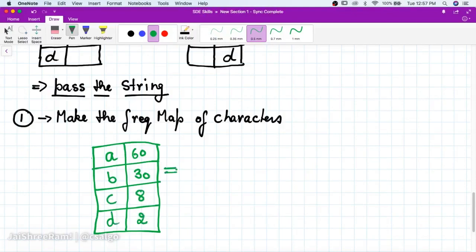So this is my frequency map of the string which I have got. My first step is always to create a frequency map.